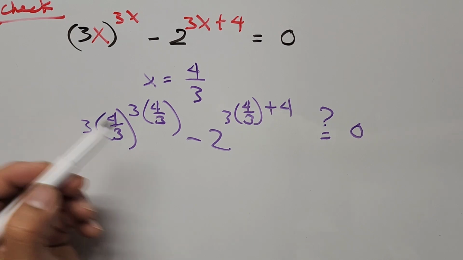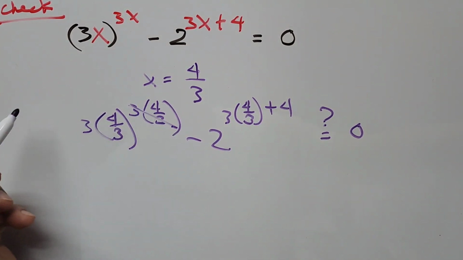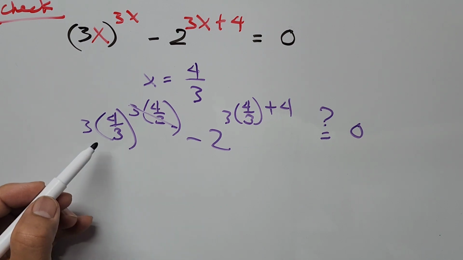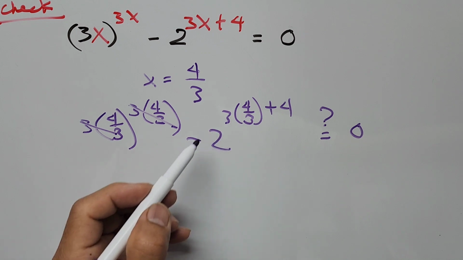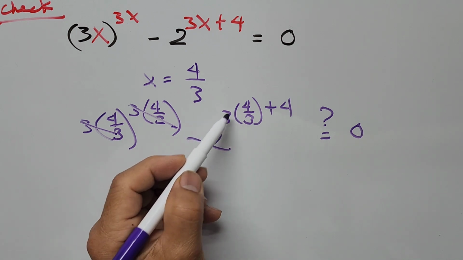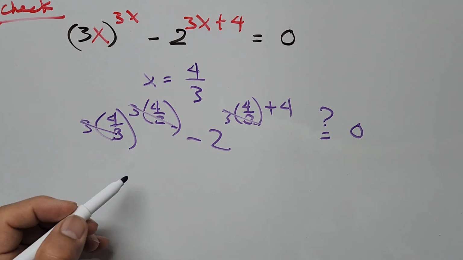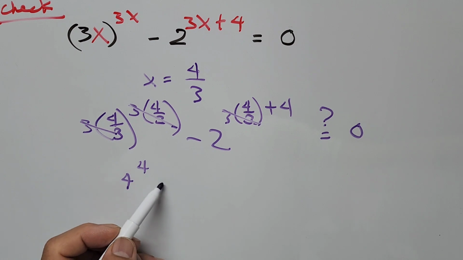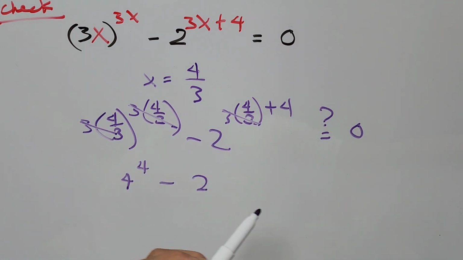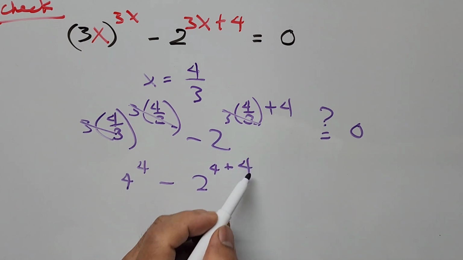Simplifying, in the exponent 3 times 4/3 the 3 cancels, and likewise in the base and in the exponent of the second term. So the base becomes just 4 to the power of 4, minus 2 to the power of 4 plus 4.